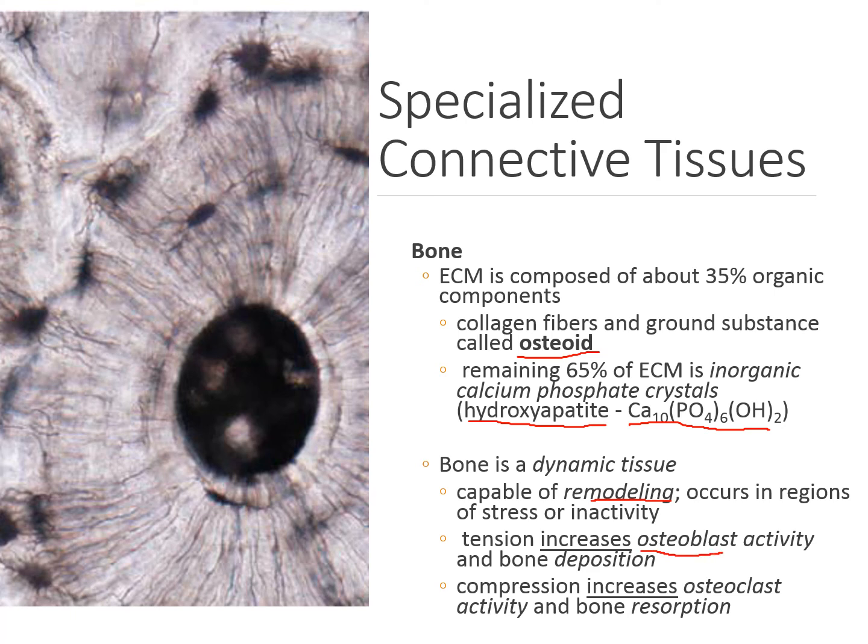These are called osteoblasts, and osteoblasts build bone through a process called bone deposition. Pressing forces, or compression, increases the activity of a different type of bone cell called an osteoclast. Osteoclasts break down bones, and then the components are reabsorbed by the body and recycled.